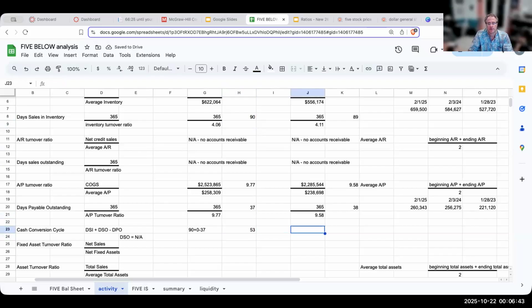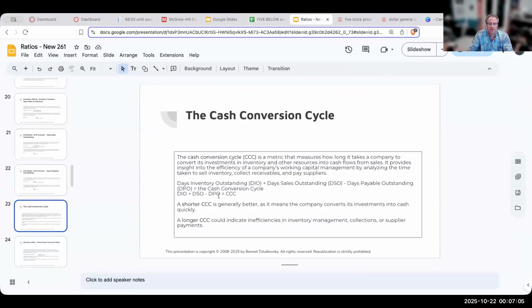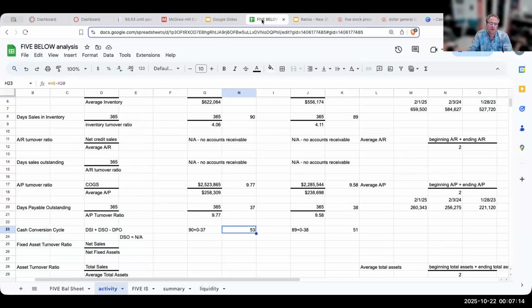This is my cash conversion cycle. Over here, this is going to be 89 plus 0 minus 38. Again, that 0 is because the days sales outstanding is not applicable to us. So I've got 51 over here. So it's taking me about 53 days. And let's read this again: 53 days to essentially convert my investments into cash flows from sales.